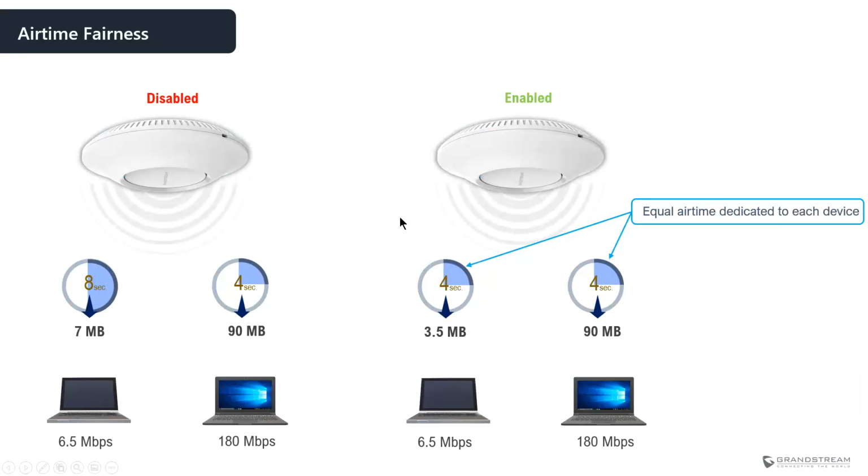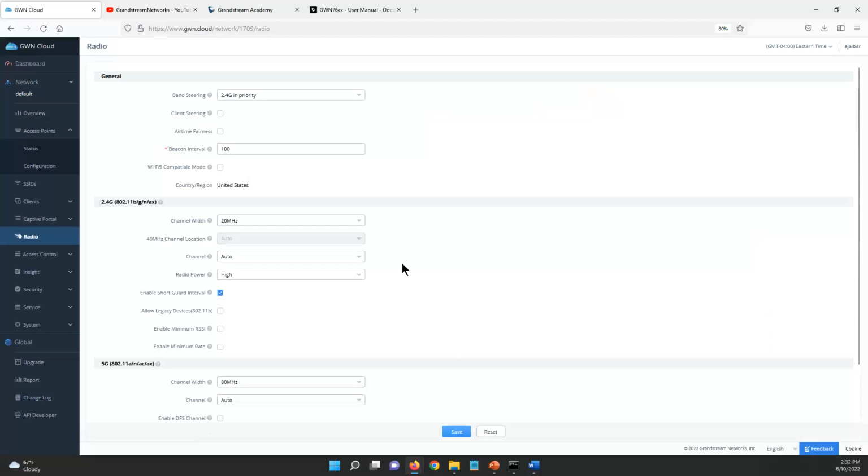However, the slow devices will become even slower because now they have less airtime to use to transmit the data. So every setting has its own benefit and disadvantage. Let's go back to the settings. We explained airtime, we explained the channels and how to use them.